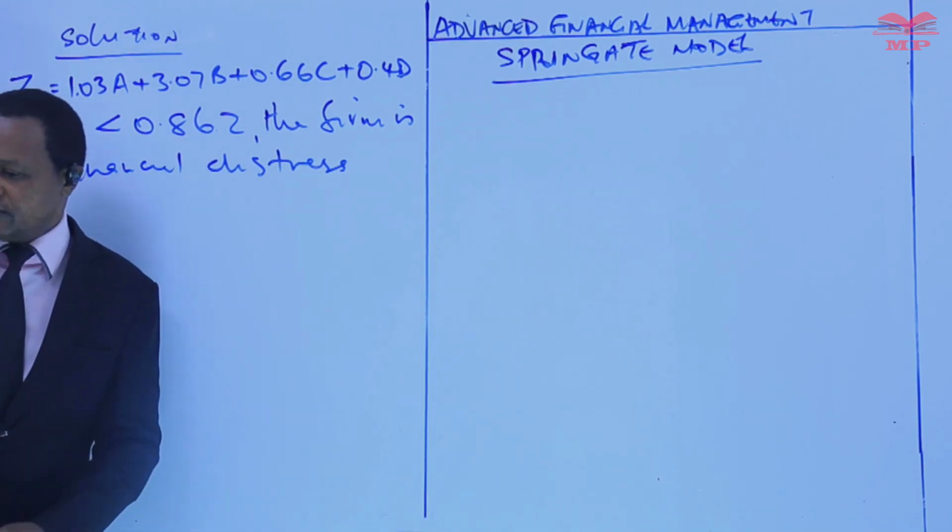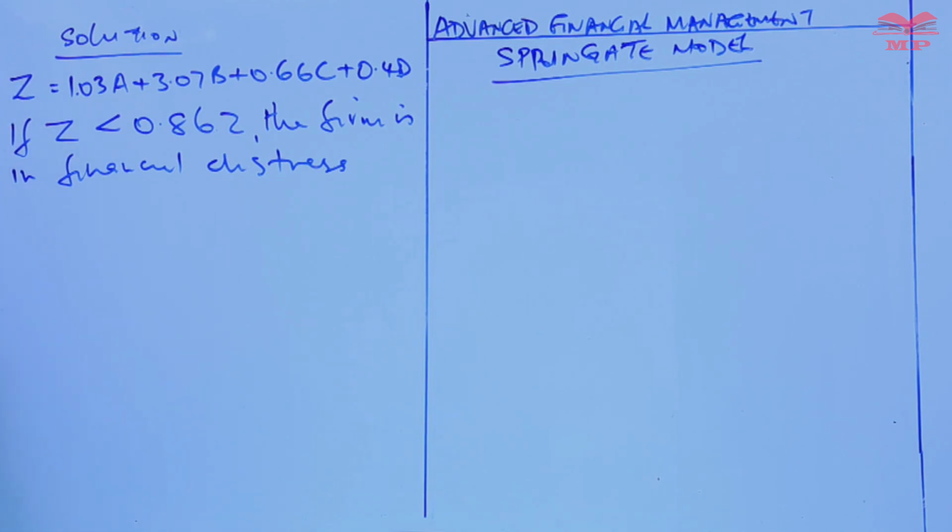Do you understand that bit? If Z value is less than 0.862, the firm is in financial distress. So we can now have our workings, candidates.